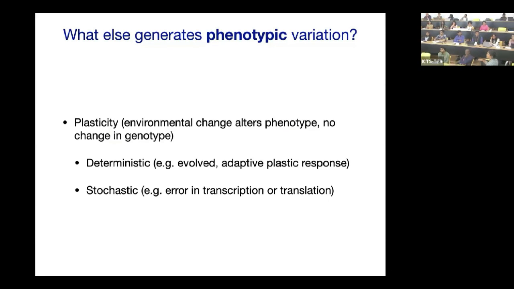Right. So this is the adaptive plastic response in this case, where it's responding to environmental cues to determine one kind of phenotype versus the other. So for example, imagine a set of genes are turned on only under certain conditions, but otherwise they're turned off.